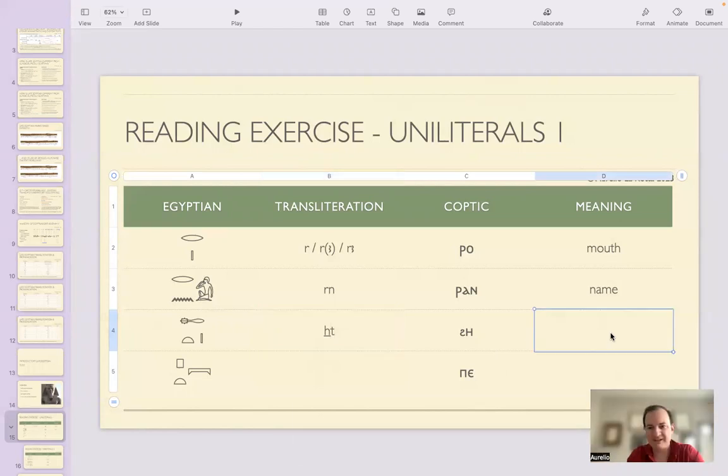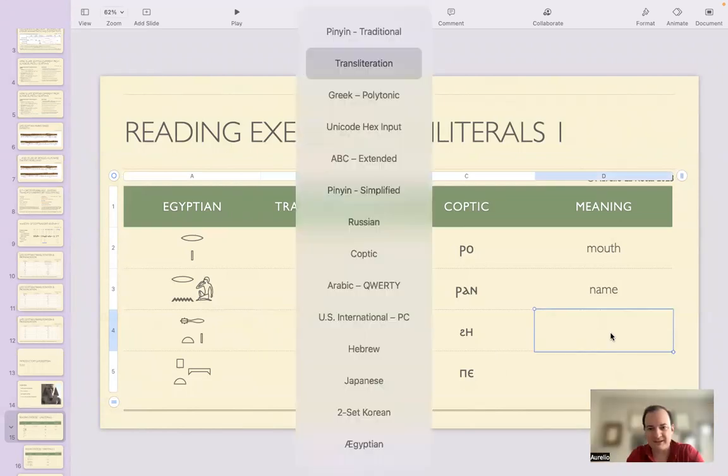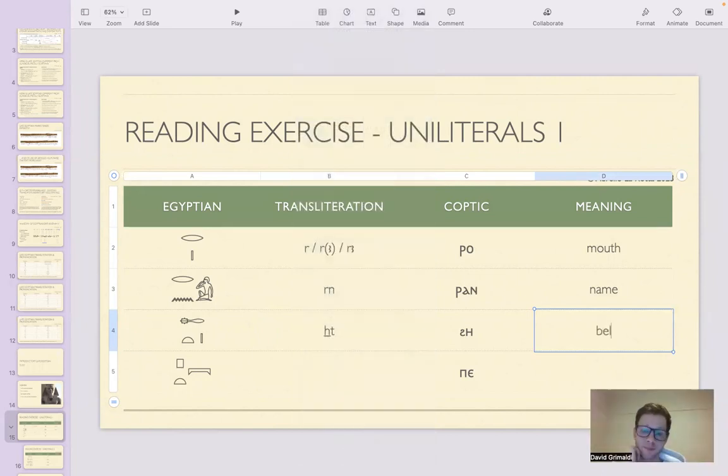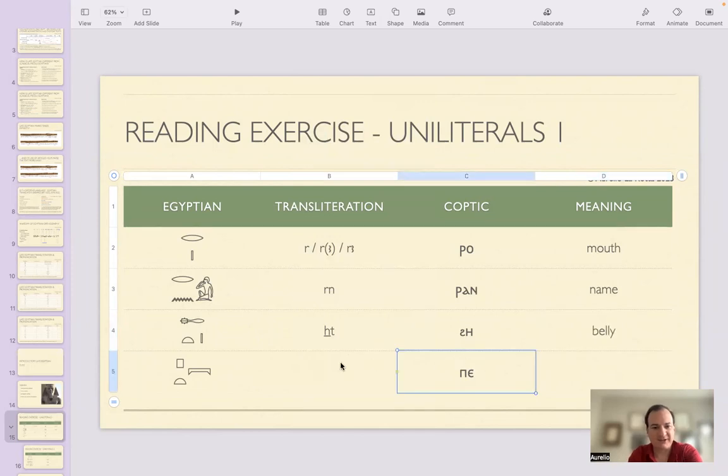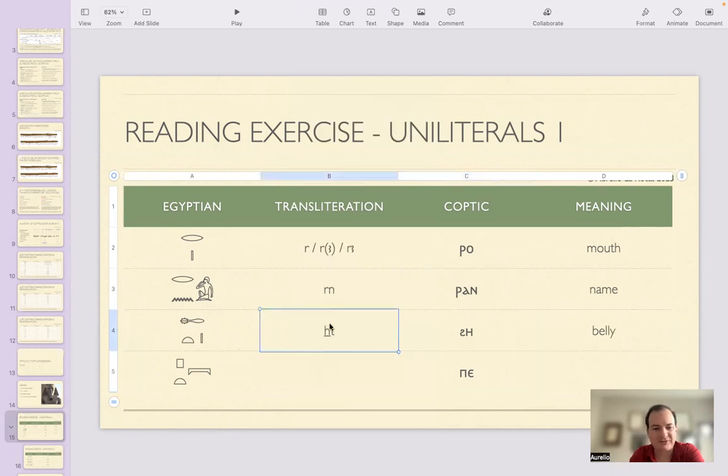That's right. Belly. And it survives into Coptic as a hair. That's right. Yeah, that's exactly what it is. So basically the way this is spelled again is just phonetically the sh sound followed by the T. Probably with certainty in late Egyptian, the T wasn't pronounced anymore.